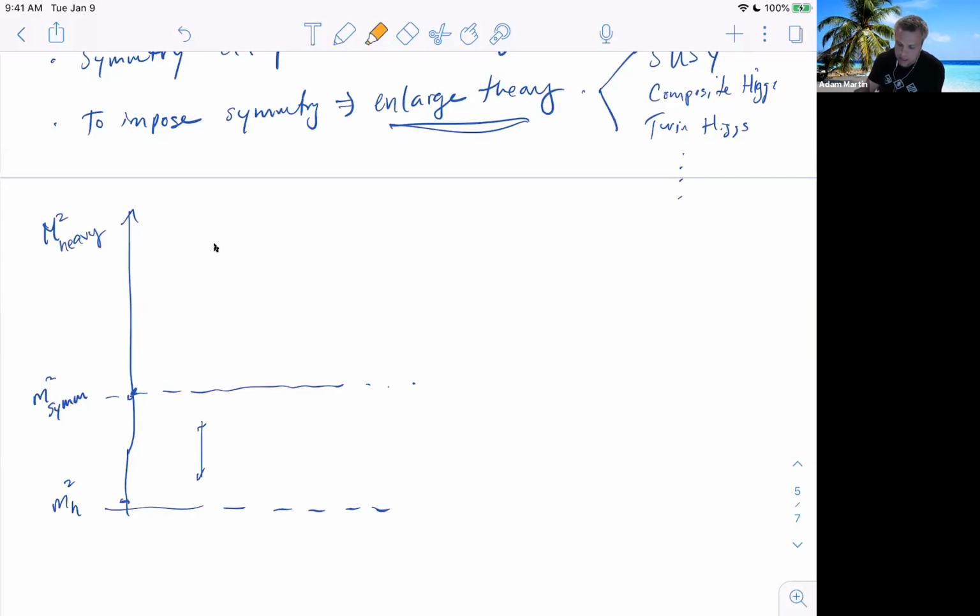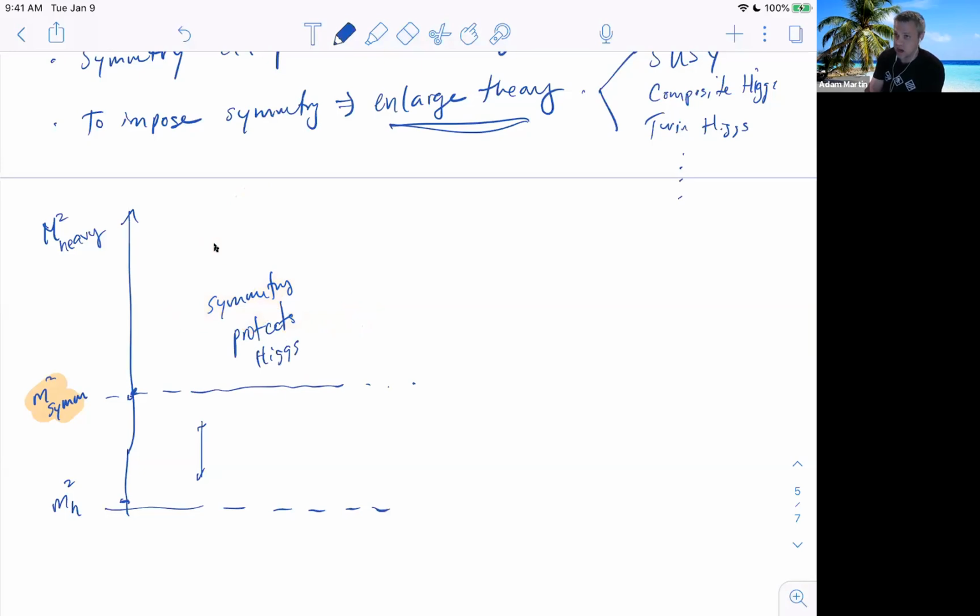What we'll see is that in this region, once my theory includes the particles needed to impose this symmetry, supersymmetry, whatever your favorite is, here we have a symmetry that protects the mass of the Higgs from that kind of correction.